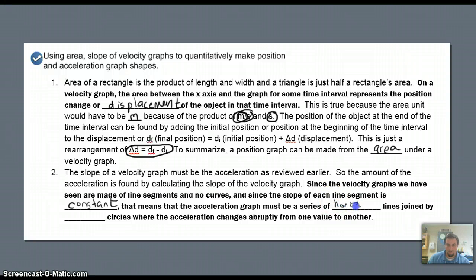What this is saying is that when our velocity graphs are straight, linear lines like this, the slopes of these, which would be the acceleration graph, would be horizontal lines joining together. And we said before, we'll join them together with open circles. Don't worry about this, just draw them as open circles. So let's go ahead and start with the problem on the next page.